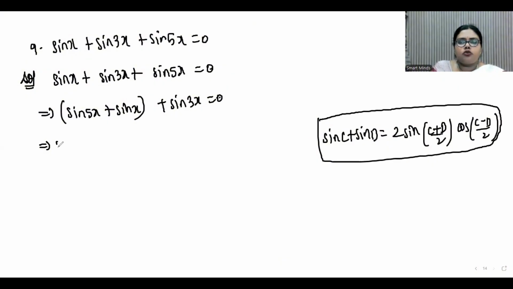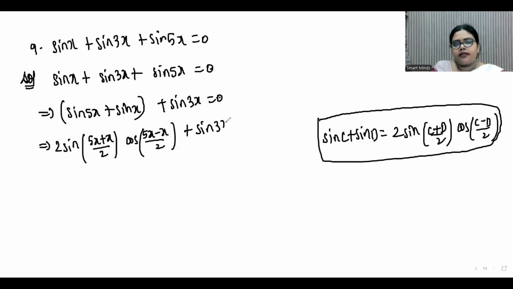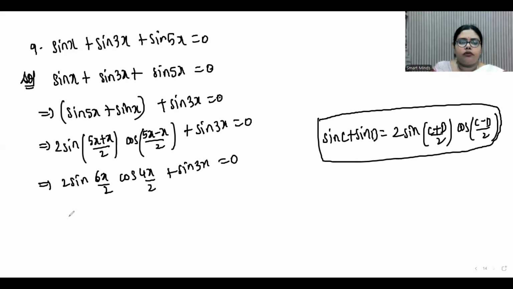So that is 2 sin (5x plus x)/2 cos (5x minus x)/2 plus sin 3x equals to 0. So that is 2 sin 6x/2 cos 4x/2 plus sin 3x equals to 0.